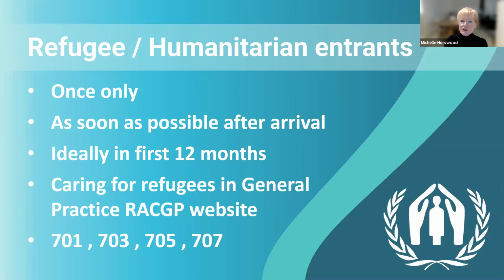If caring for refugees is something that you don't do frequently, I definitely recommend looking at the RACGP website, which has got a huge section on caring for refugees and the type of assessments that they would need, and absolutely immunisation would be one that comes to mind as well.